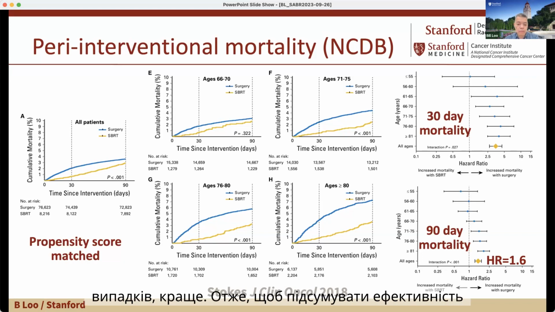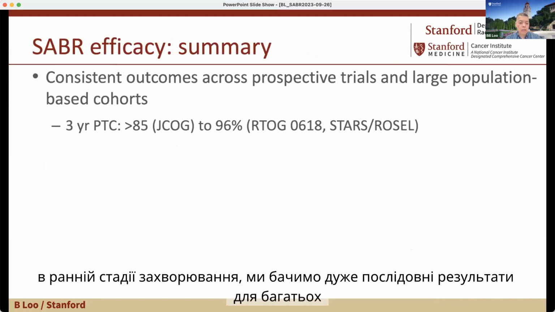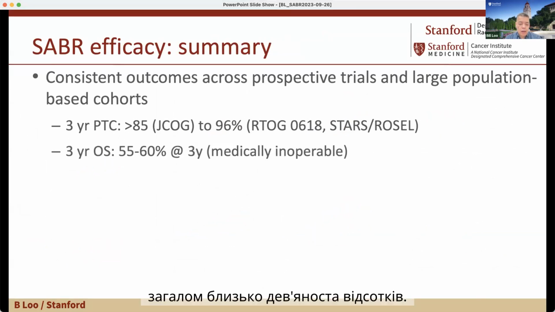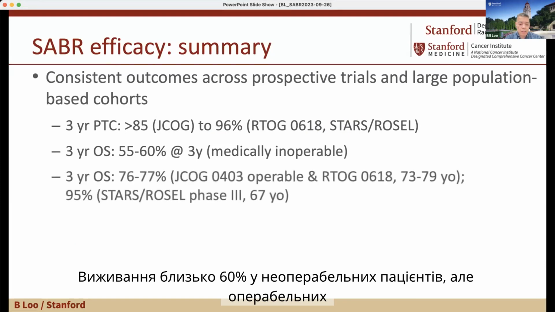So to summarize the efficacy in early stage disease, we see very consistent outcomes across multiple prospective trials, tumor control rates exceeding about 90%, overall survival about 60% in medically inoperable patients.